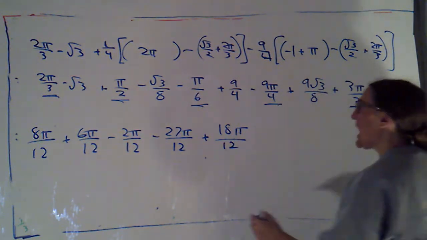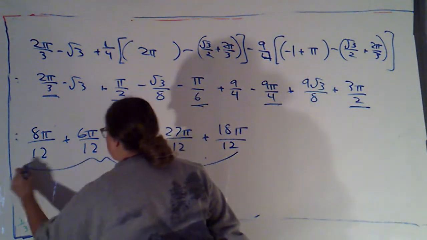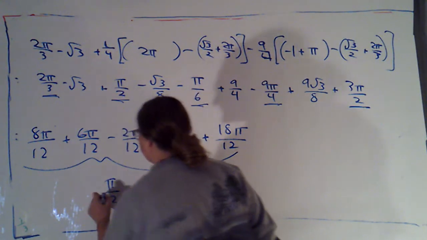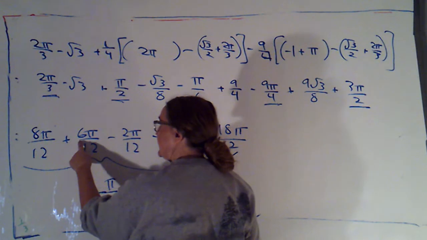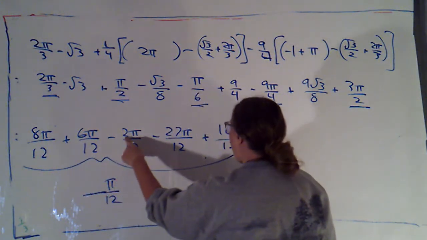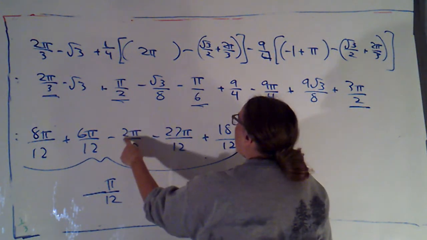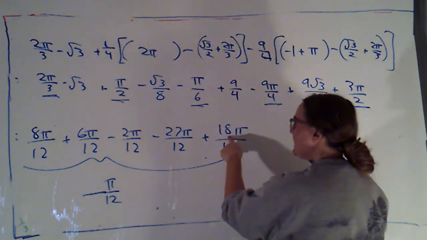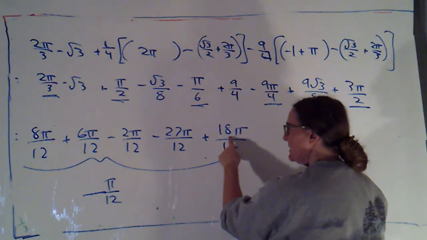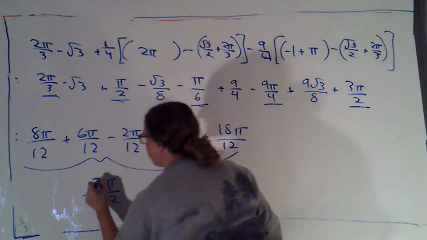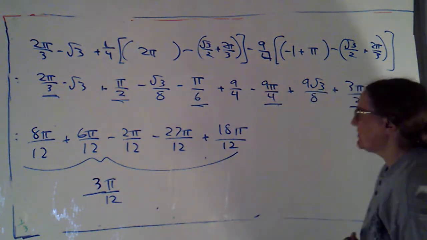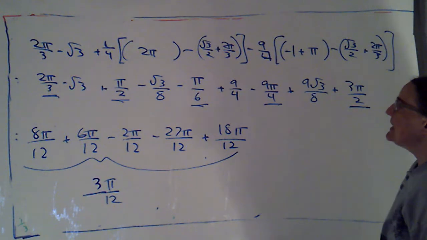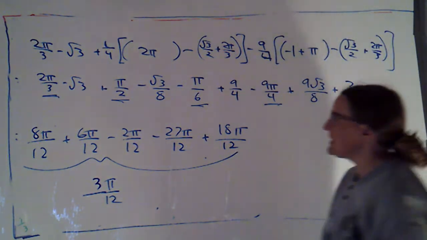That's all of the pi pieces. That's going to be some pi over 12s. How many of them? Oh my goodness. 8 plus 6 is 14, minus 2 is 12. Plus 18 would be 30. Minus 27 is going to be 3 pi over 12, which of course in a moment we can reduce to pi over 4.